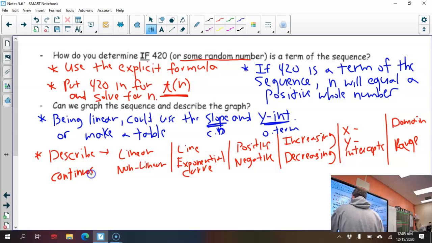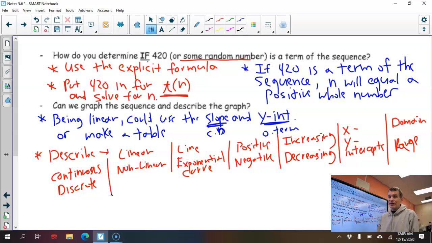Continuous or discrete. Boom. Those are all things you should be able to talk about when you look at a graph of a function, a sequence, a situation. Lots of things there, right? Okay.